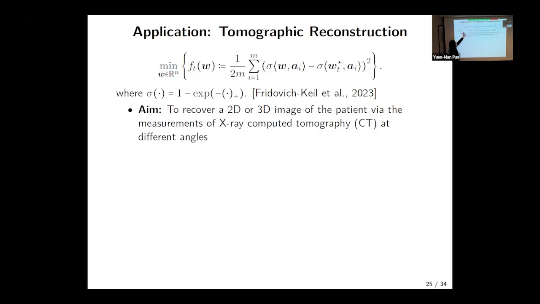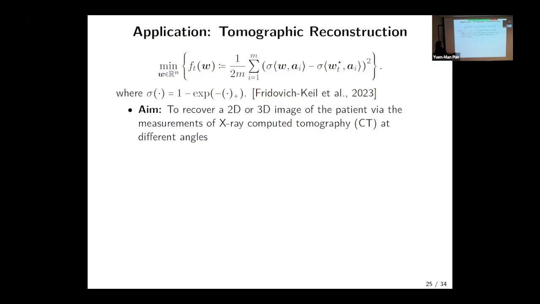And this sigma here is defined by 1 minus exponential. This exponential function is to capture the occlusion of X-ray over the high density region. And this ReLU function is to capture the non-negativity of sensor measurements, and is something recently proposed in 2023.